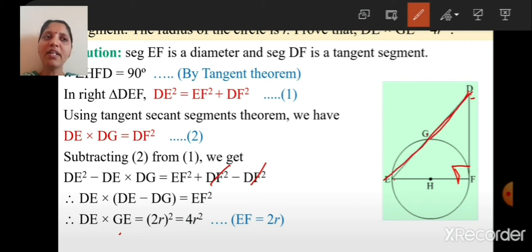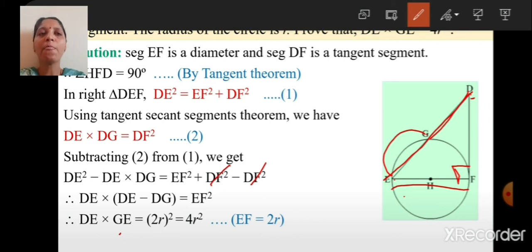Correct. It is GE. So instead of this term you can write DE into GE is equal to, now this EF is nothing but 2 times radius because it is a diameter. So we know that radius is R, so it becomes (2R) square. So that is equal to 4R square.